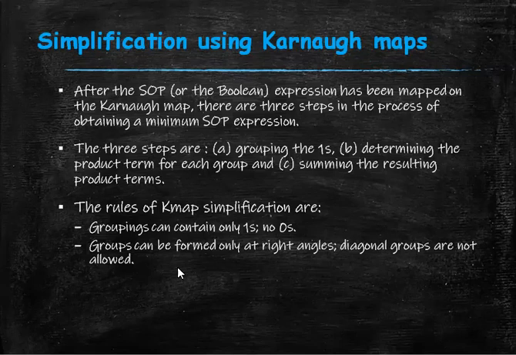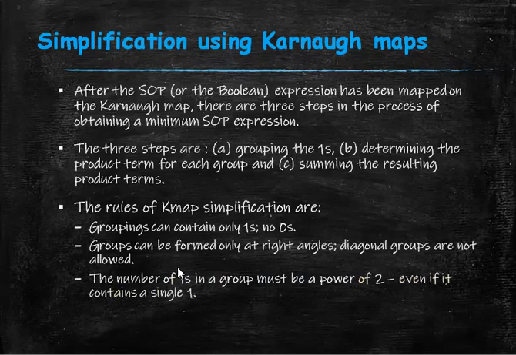That is, we must move vertically or horizontally, not diagonally. And when we make a group of ones, we must ensure that the group contains a number of ones that is a power of 2. That means 2 raised to 0, 2 raised to 1, 2 raised to 2, 2 raised to 3, etc.